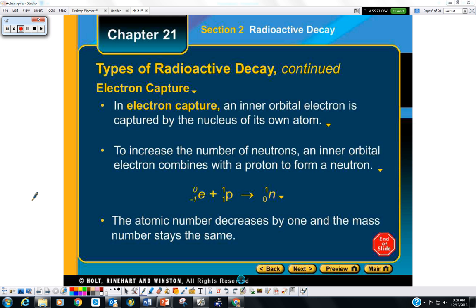The next type of decay is electron capture. This is another new one that you probably haven't heard before. In electron capture, an inner orbital electron is captured by the nucleus of its own atom.